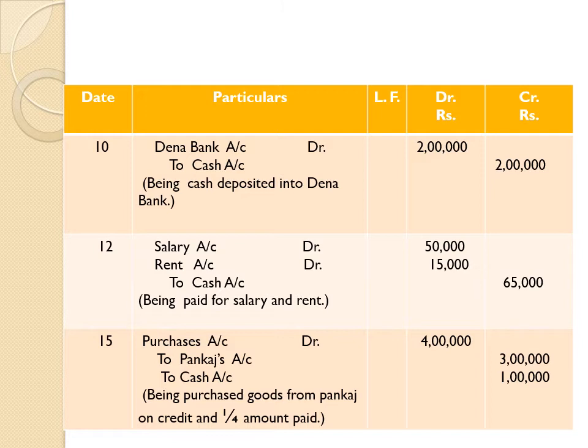By that business, amount deposited into bank, the name of that bank is Dena Bank. So entry for that purpose: Dena Bank account debit 2 lakh to cash account 2 lakh, being cash deposited into Dena Bank.